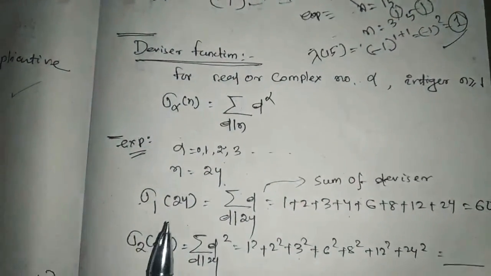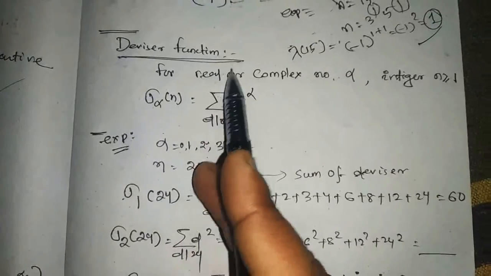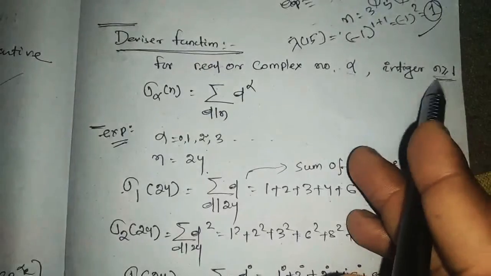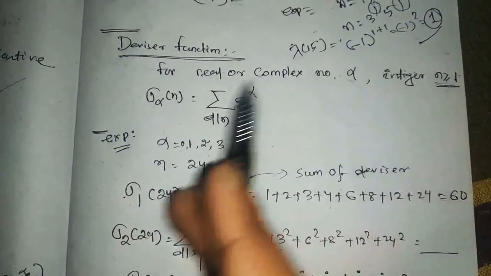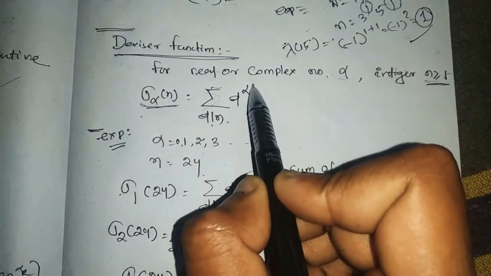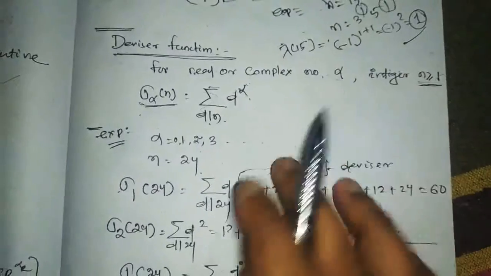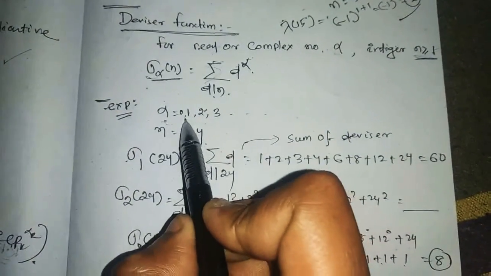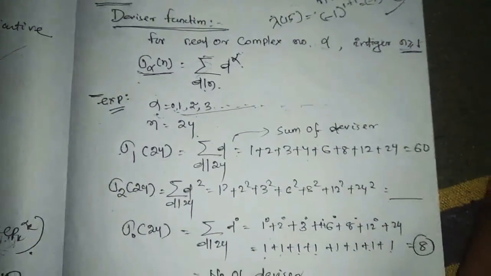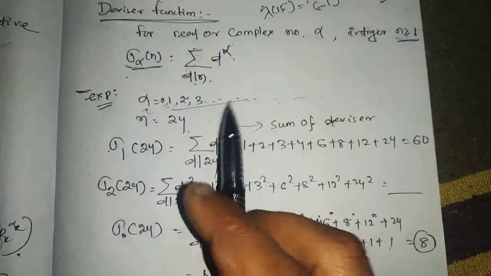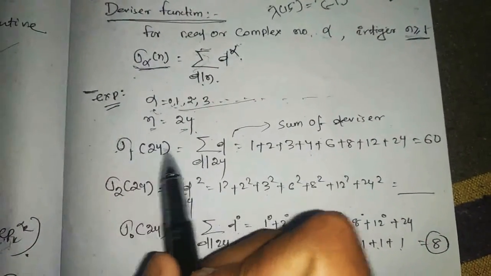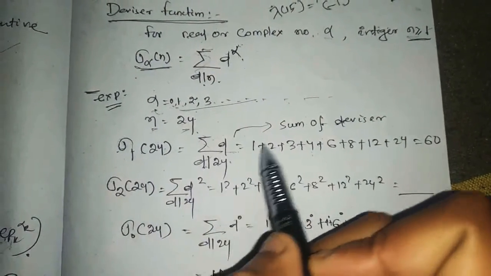Now another important function is the divisor function. The divisor function, for a real or complex number alpha and an integer n greater than 1, can be defined as the summation over d divides n of d to the alpha. For example, let alpha be equal to 0, 1, 2, 3. This can be any positive integer. For n equal to 24, sigma 1 of 24 will be the summation over d dividing 24.